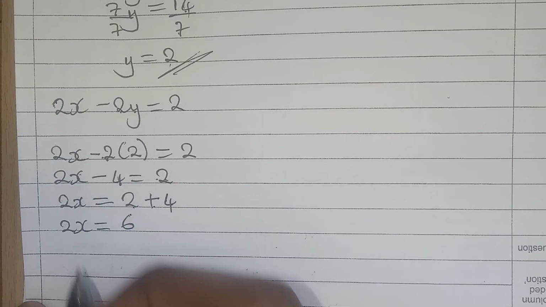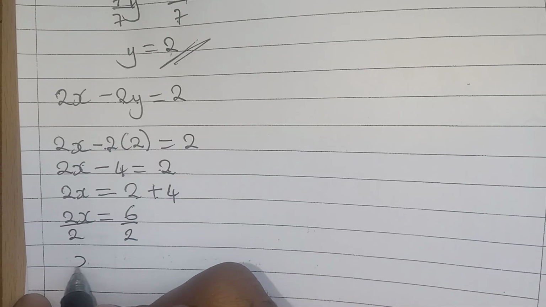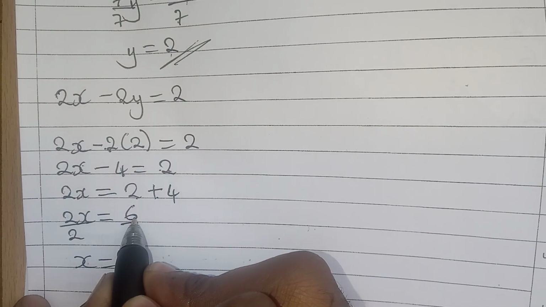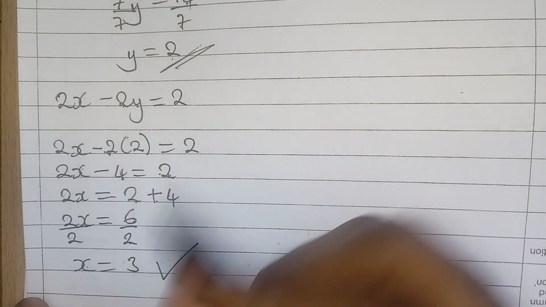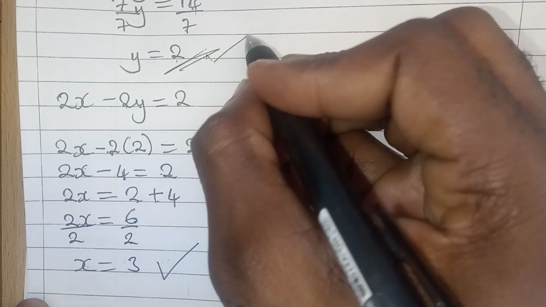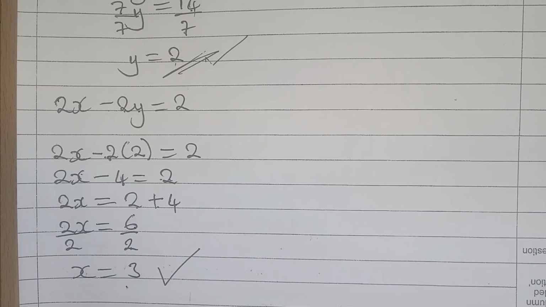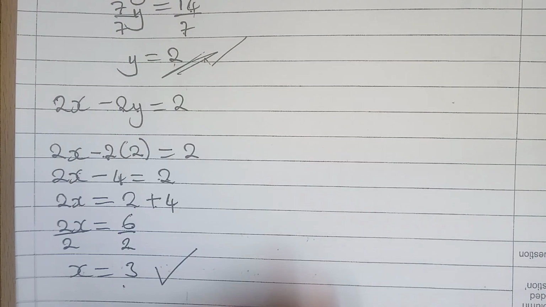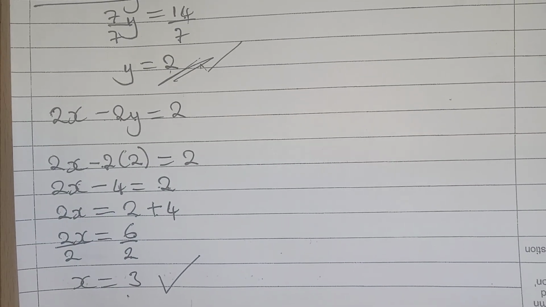And then to solve for x, you can divide both sides by 2. And then x will be 6 divided by 2, this is 3. So you have solved for y, you have also solved for x. And now you are done. So don't just solve for y and don't just solve for x. You have to solve for both variables.